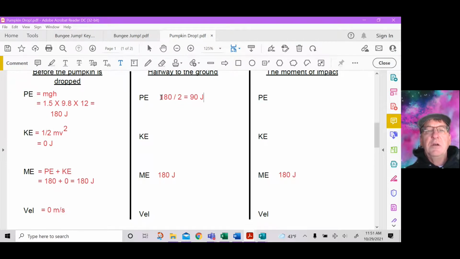So PE, in this case, I approached it a different way. I should also get the same answer if I did 1.5 times 9.8 times 6. So there's two ways to get it. I find this the easiest way, but I could check my work. 1.5 times 9.8 times 6 should be the same answer.